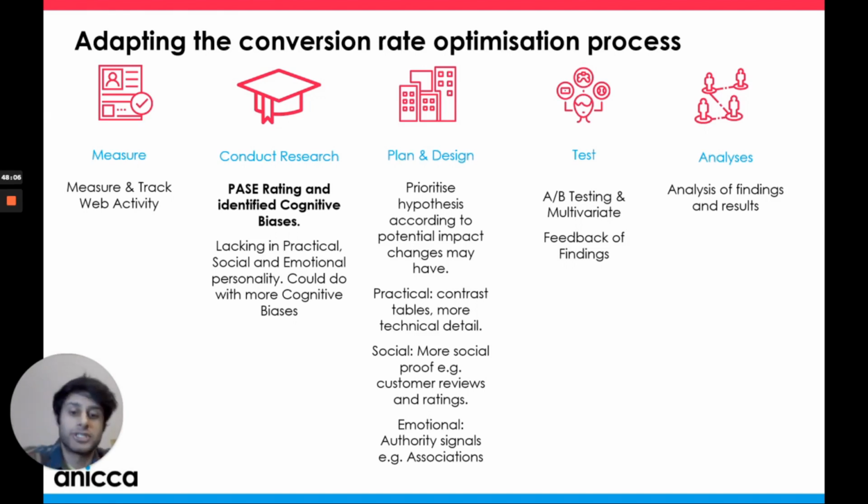And emotional, which is something we're lacking in. What we can do with emotional is, of course, put customer reviews in there, because they build trust, but also have authority signals and associations, putting their badges on there. If you're a member of some kind of awarding body or organization, for example, you see a lot of websites that sell holiday packages with the ABTA logo, ABTA protected, which is a trust signal.